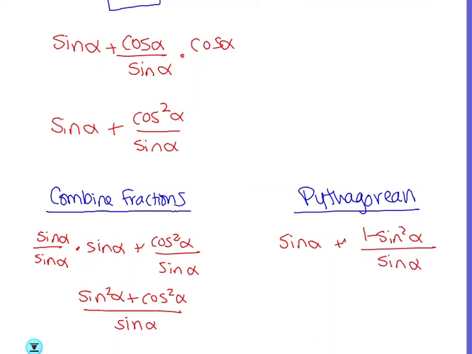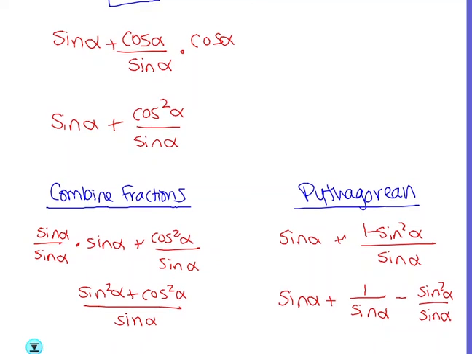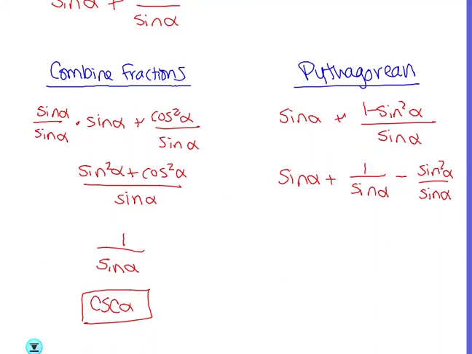Then you can split up this fraction. And I get 1 over sine of alpha minus sine squared alpha over sine of alpha. Then I just need to simplify. One over sine of alpha is cosecant alpha.